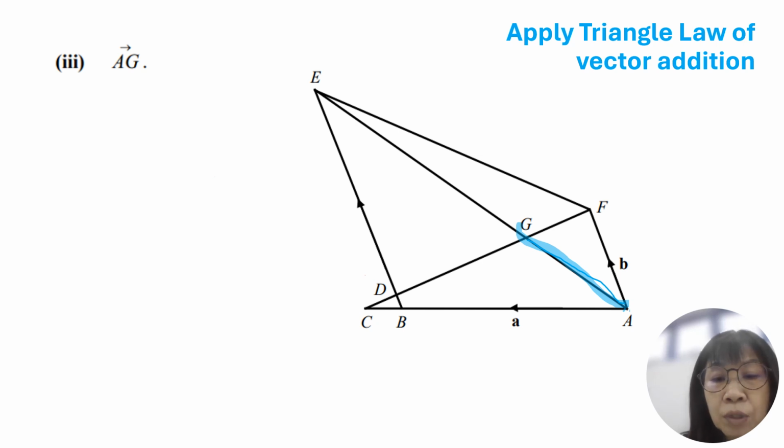That means I can have AG equals AC plus CG. That is one possible way of solving. Or I can also look at it as AG equals AF plus FG.